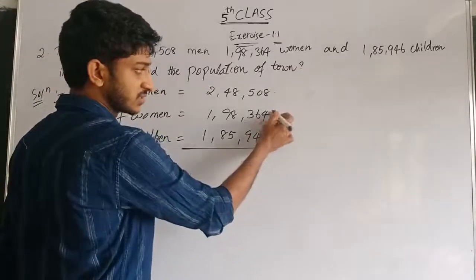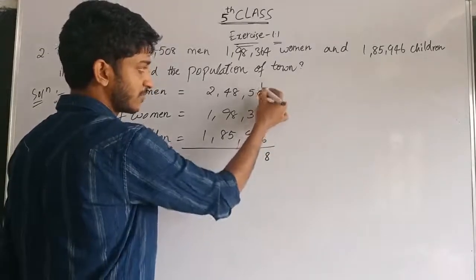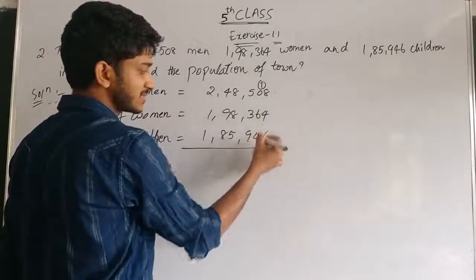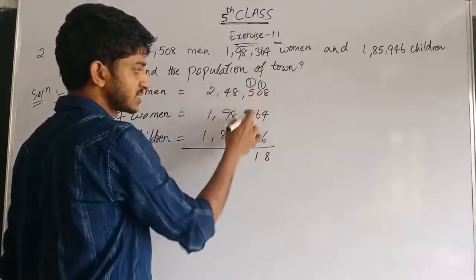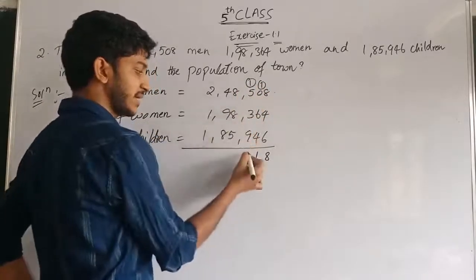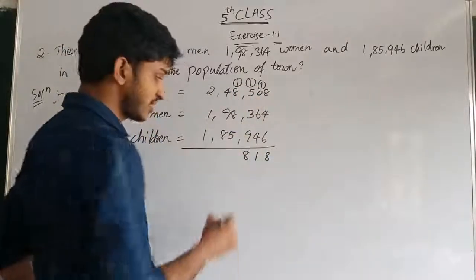8 plus 4, 12. 12 plus 6, 18. So 1 carry. 1 plus 0, 1. 1 plus 6, 7. 7 plus 4, 11. So 1 carry. 6 plus 3, 9. 9 plus 9, 18. Again 1 carry. 9 plus 8, 17. 17 plus 5, 22.